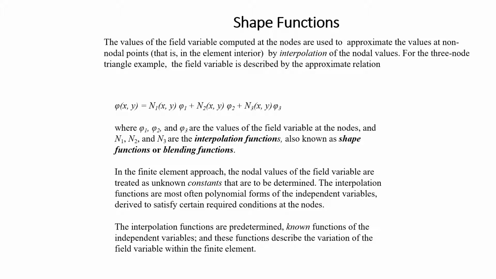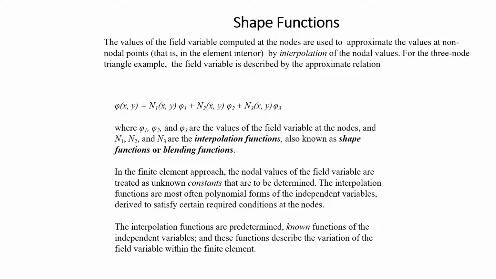That is phi of xy equal to n1 phi 1 plus n2 phi 2 plus n3 phi 3, where phi 1, phi 2, phi 3 are the values of the field variable at the nodes, and n1, n2, n3 are the interpolation functions, also known as shape functions or blending functions.